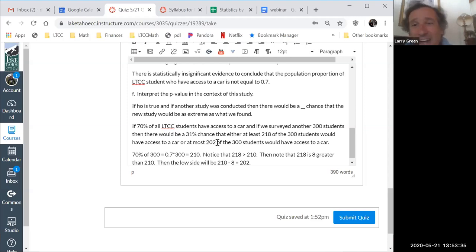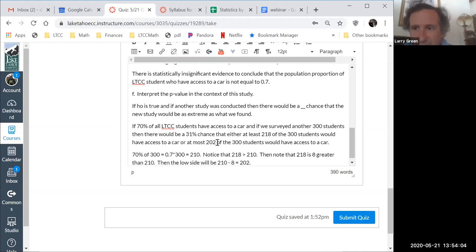If you use your calculator, that's fine. You could do percents, and then you would say whatever that is. The 218 might be 70, let's see, 72.33, 72.67%. I think that sounds right, ish. Okay, so 72.67%, and then you'd say, well, that's 2.67% higher. So you go lower than that, and that would be 67.3%.